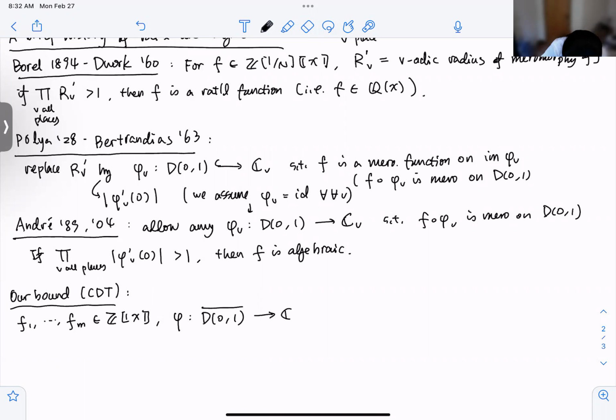Sorry, one thing I forgot to mention is that zero always maps to 0 in all these maps.